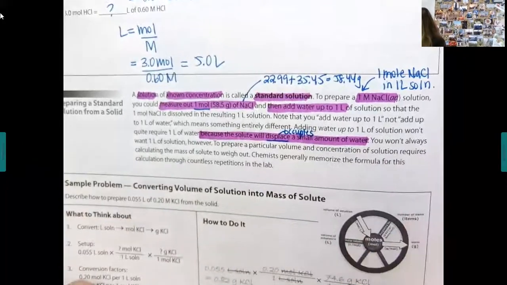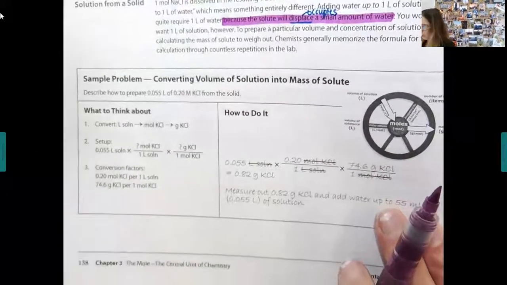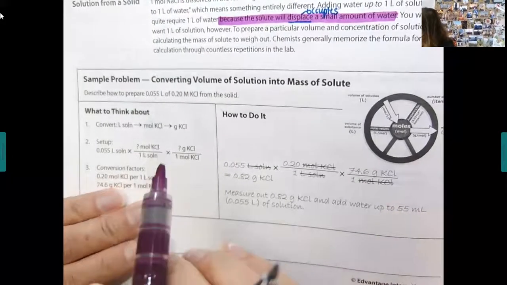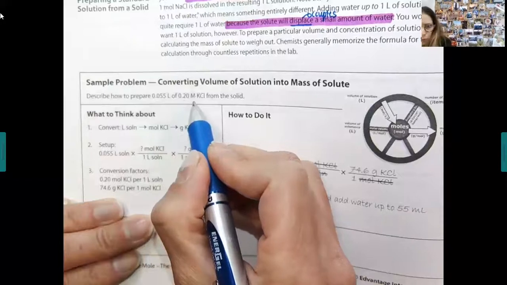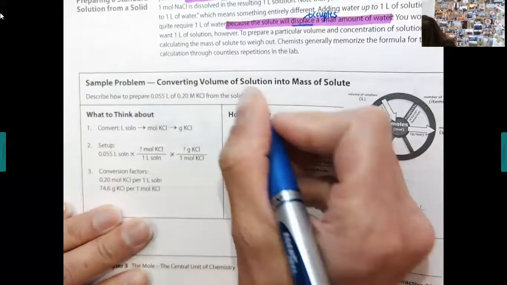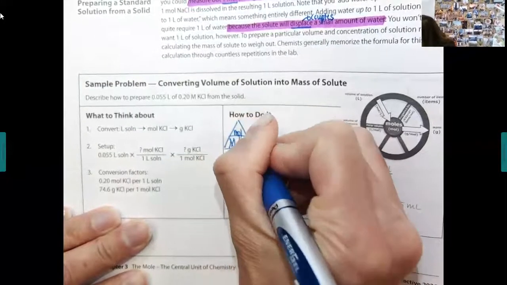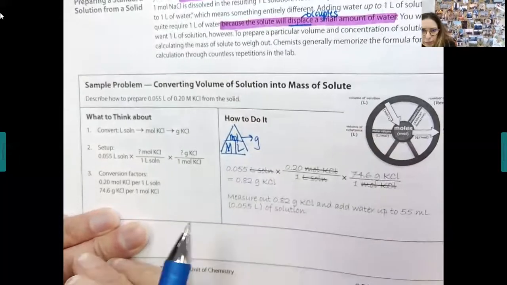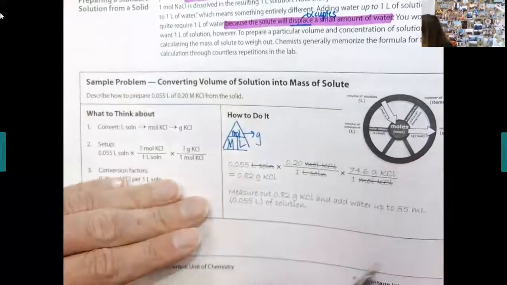Okay, so if you take a look at the sample problem down here, it says describe how to prepare 0.055 liters of 0.20 molar KCl from the solid. So if you're using the molarity triangle, you need to solve for moles and then convert that to grams. So cover up moles, take molarity times liters.